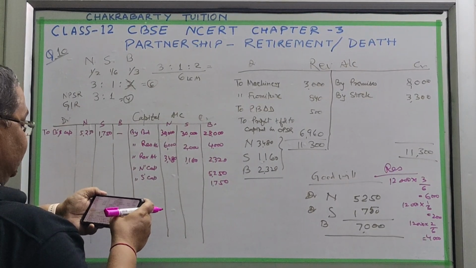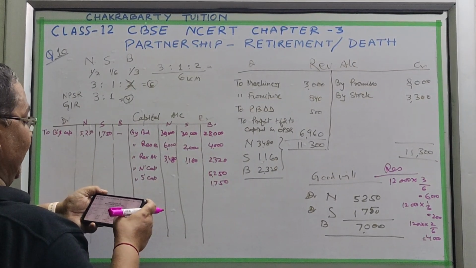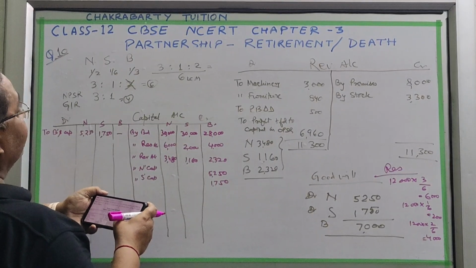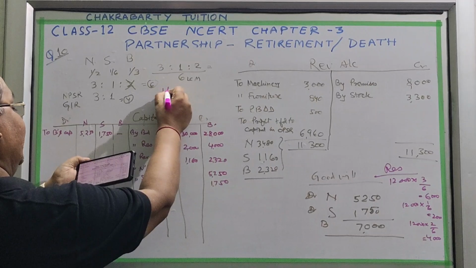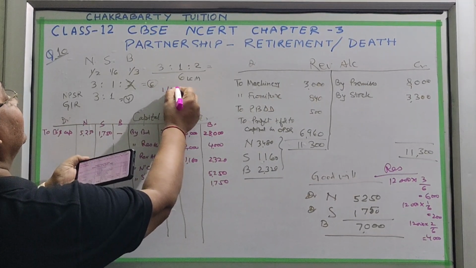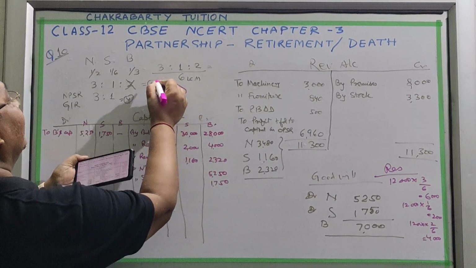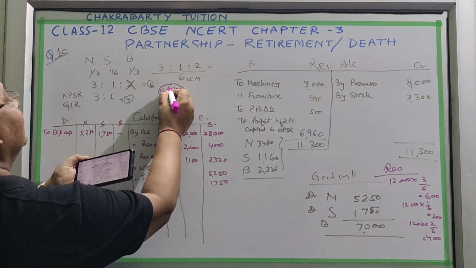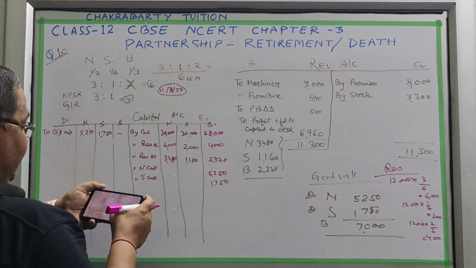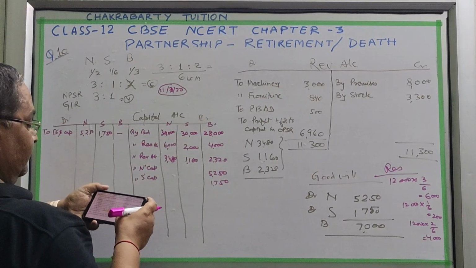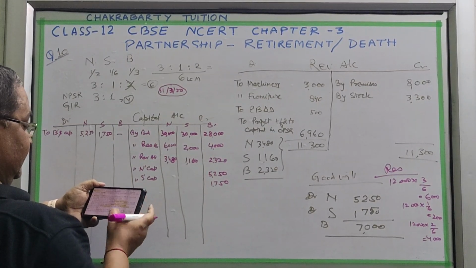The date is not given, which means he retired on the date of the balance sheet, on 1/4, or you can also say 31/3, as from the firm. So now their capital accounts are to be adjusted.